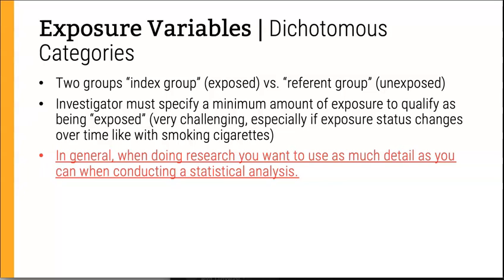But sometimes this is all you have access to, or you may not have the statistical software to do the analyses you want with continuous data, so this may be what you're limited to. But if possible, you want to access as much information as you can, and not have things already grouped into categories for you.